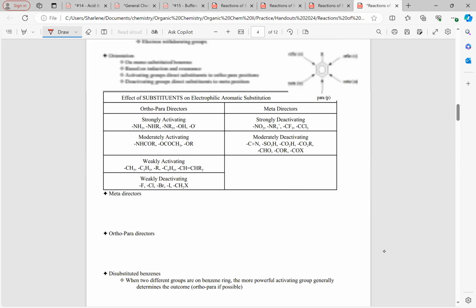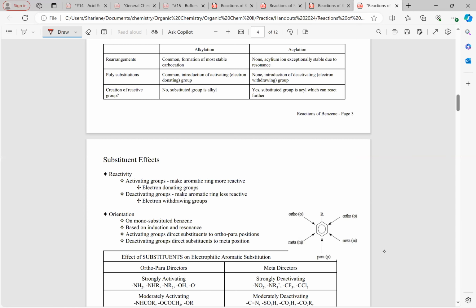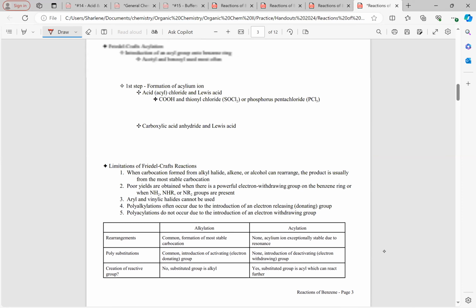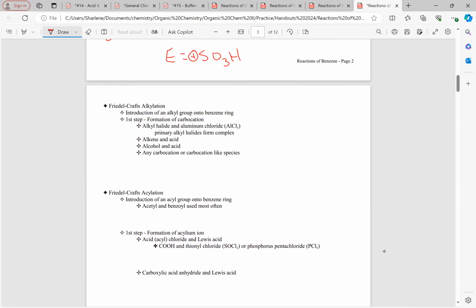Oh, well, maybe I won't show you because guess what? They are supposed to be right there. Okay, and it was just some problems doing some basic what would happen if you put nitric acid and sulfuric acid. All right, so I will go back and I will make sure those get included on this handout.